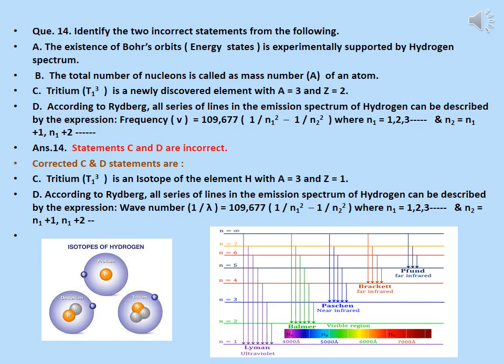These spectral lines are an experimental evidence to support the existence of Bohr's orbits, and also Rydberg's equation, where nu bar is equal to 109,677 into 1 by n1 square minus 1 by n2 square.